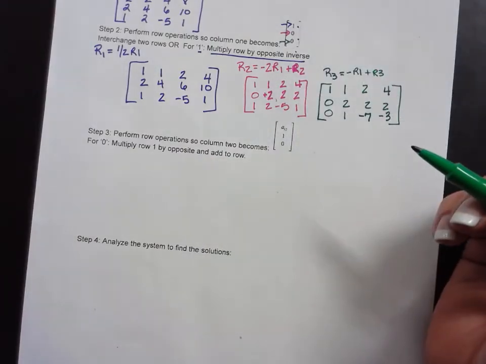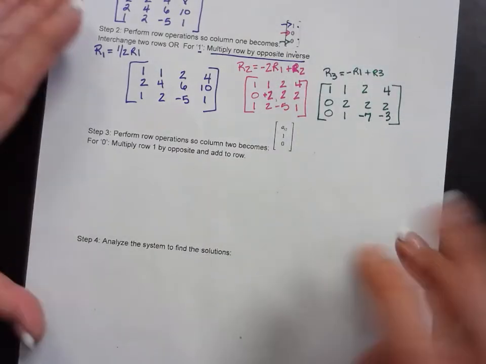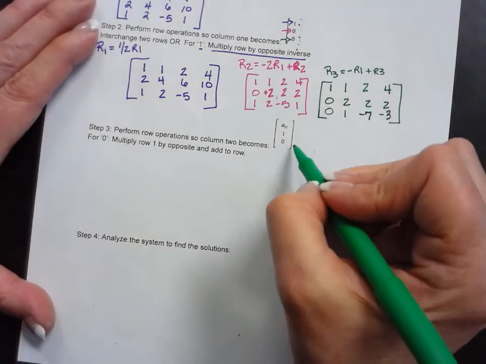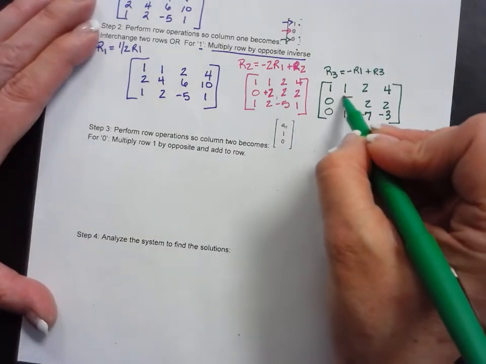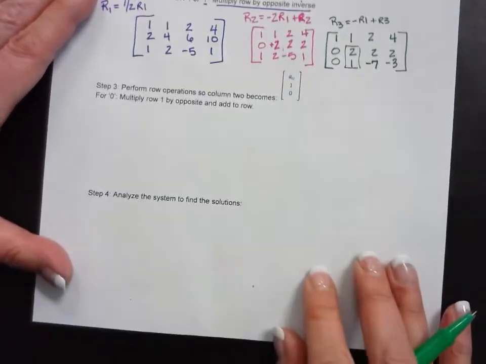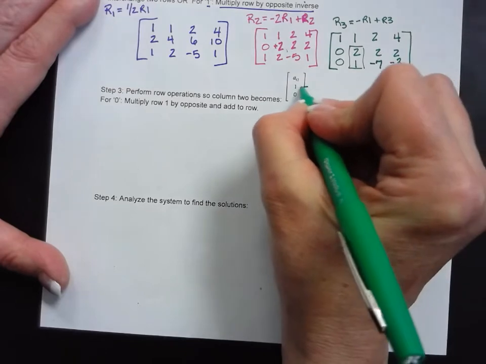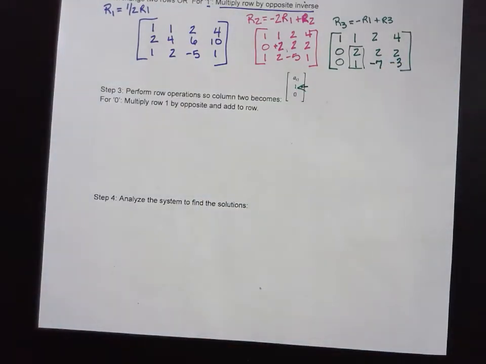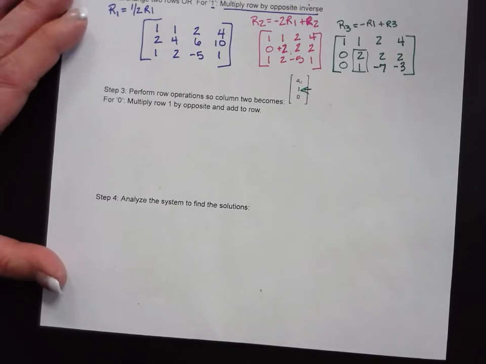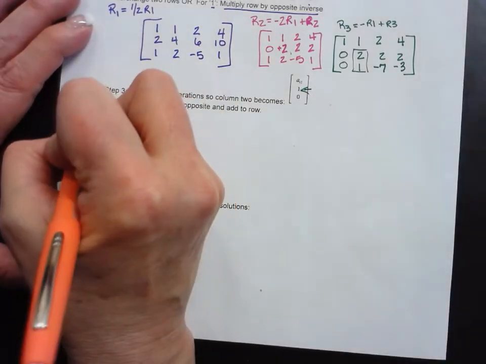Yay. Okay? So now we're going to look at the second column, which is like these 2 right here. All right? And look, I have a 1 because I want to get that 1 in the very first position, right? What row operation could I do to do that? Everybody remember? Flip-flop. I can say, hey, guess what?